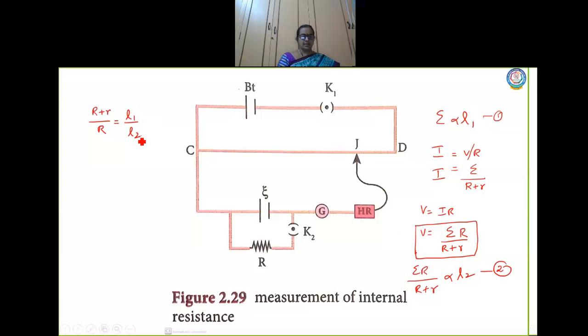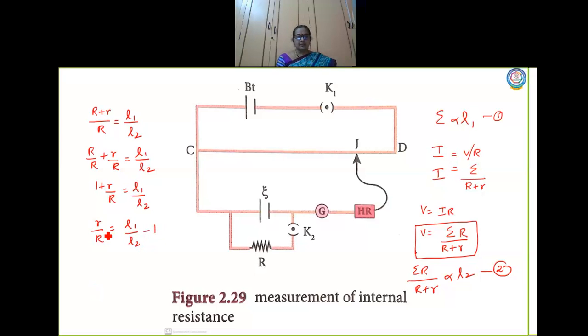Now simplify this. I can write this as r by R plus R by R equal to L1 by L2. So this is 1. So you will have 1 plus r by R equal to L1 by L2, or r by R equal to L1 by L2 minus 1.